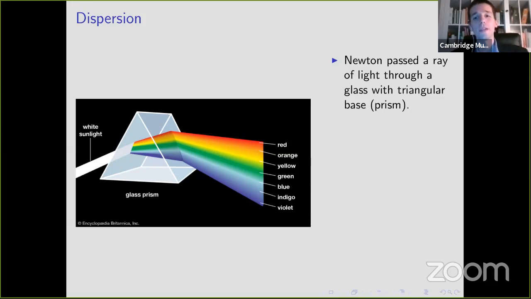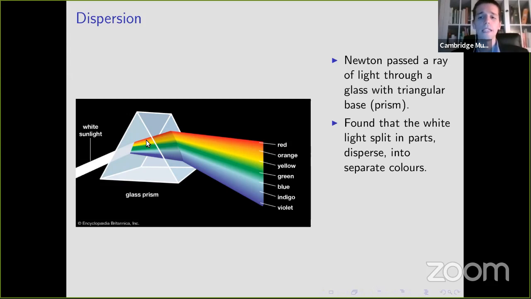Another phenomenon is dispersion. Newton passed a ray of light through a glass with a triangular base. This is called a prism. And he found that the white sunlight splits into parts. We say that it disperses. It splits into separate colors.